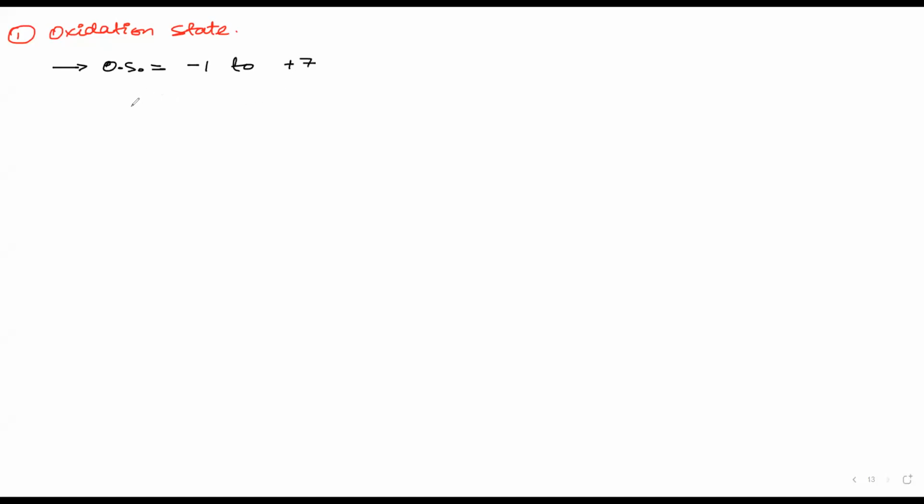Now let us write the whole oxidation state. This will be -1. You can also see 0. You can see +1, +3, +5, and +7. In these oxidation states, you can see the halogens.